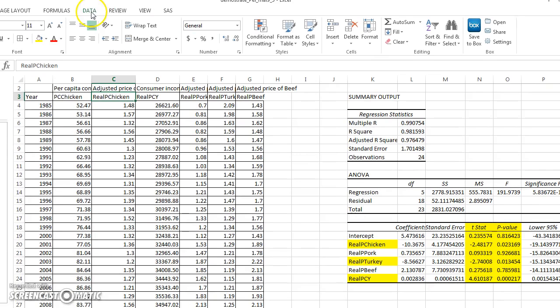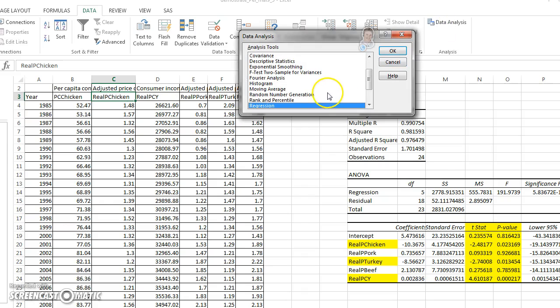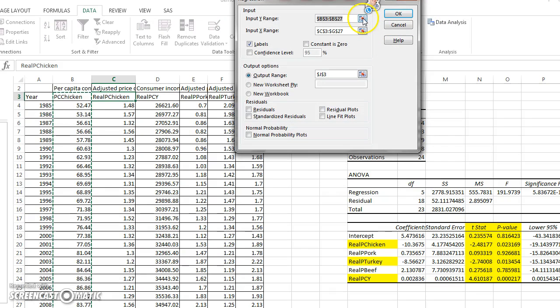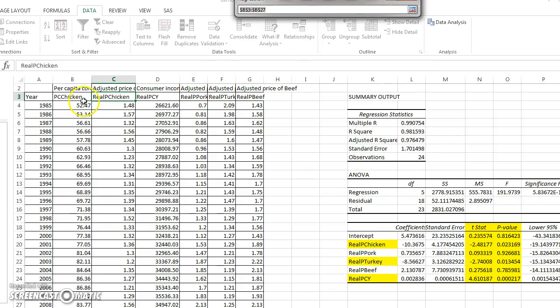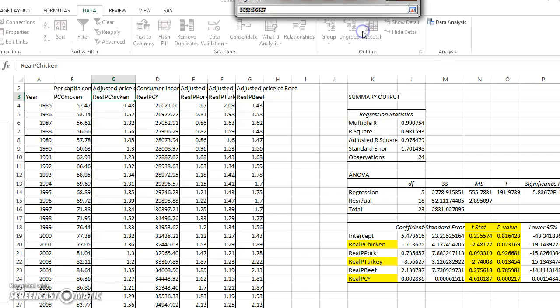So let me just click data analysis, pick regression, click OK, and my input Y range is going to be my per capita consumption of chicken, and my input X range, I'm going to include my real price of chicken and also my real per capita income.